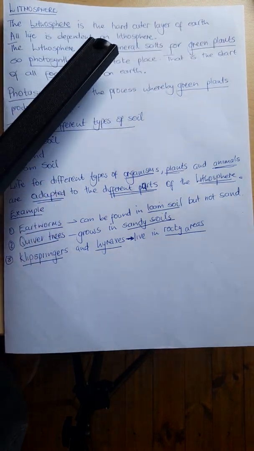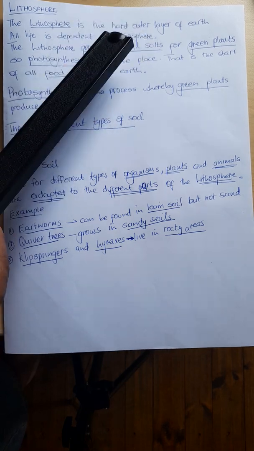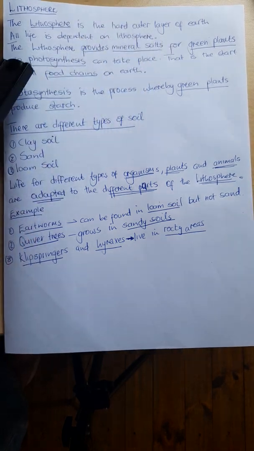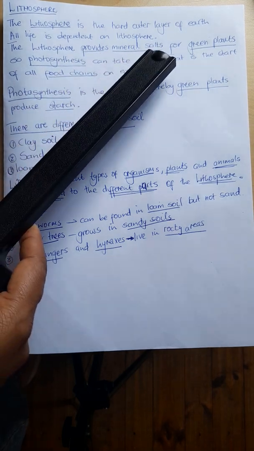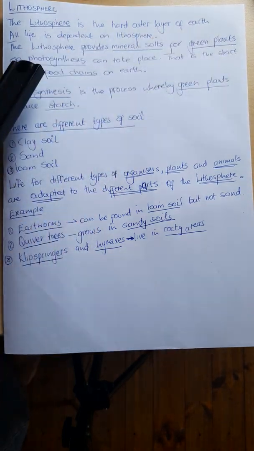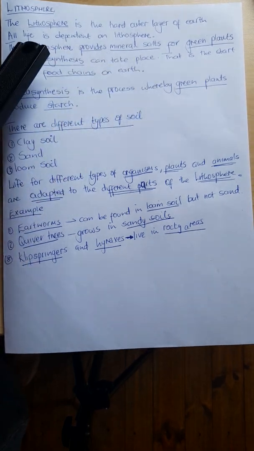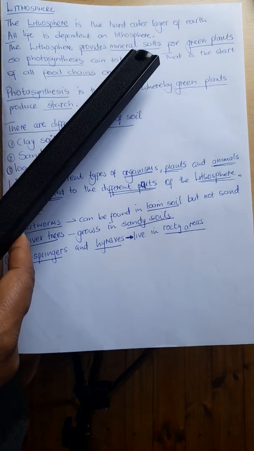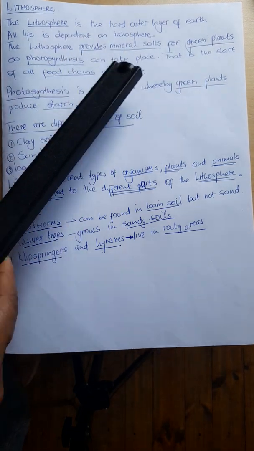All life is dependent on the lithosphere. The lithosphere provides mineral salts for green plants so that photosynthesis can take place.